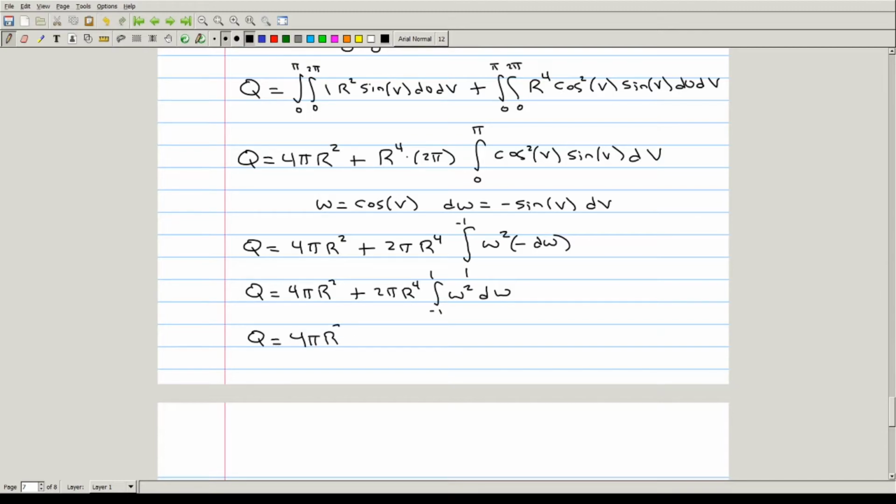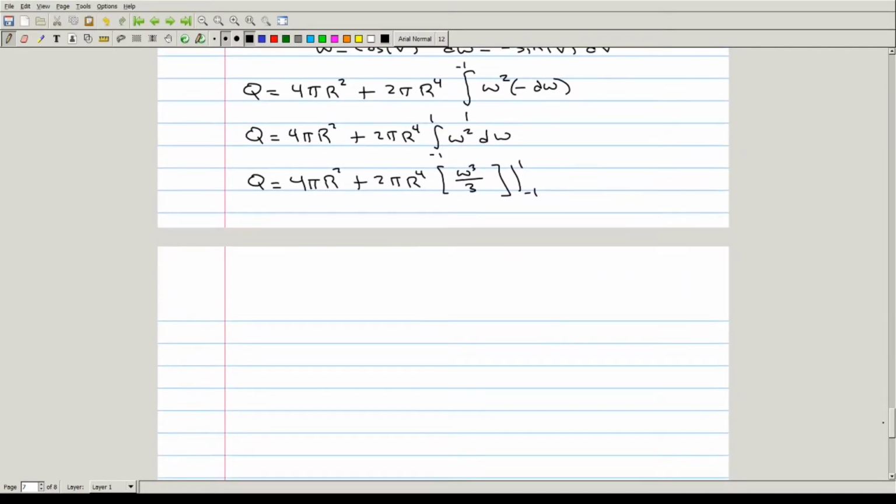which is 4 pi r squared plus 2 pi r to the 4th times w cubed over 3, and we have to evaluate this at 1 and negative 1. And when we do that, we get 1 over 3 minus negative 1 over 3, which is going to be positive 2/3.